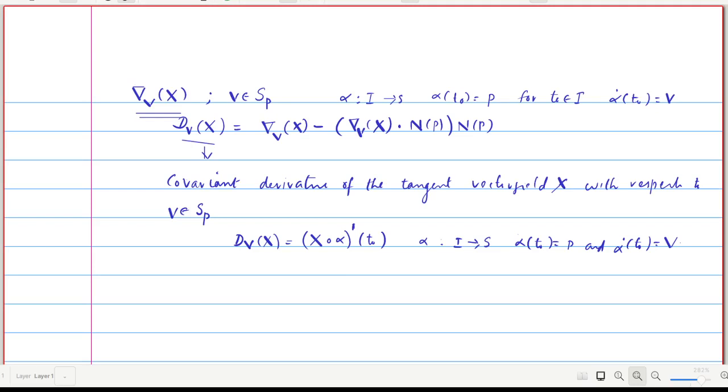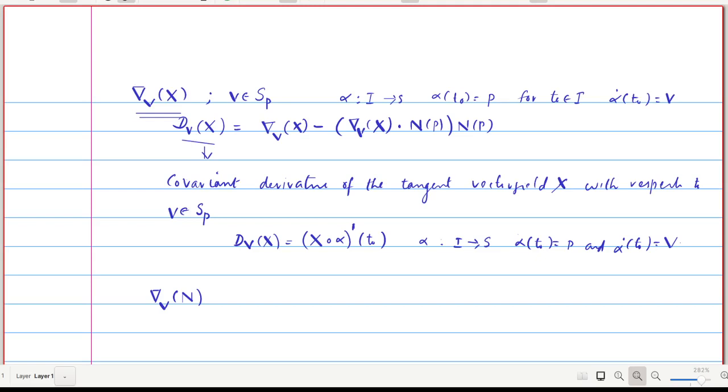Now we will study the rate of change of the normal direction n on an oriented n-surface S in R n plus 1. For p belonging to S and v belonging to Sp, we consider the derivative del v n, and we also prove that it is always tangent to S. The first aim is to get this derivative, defined using del in the direction of v, of the normal vector field defined on the surface, and to prove that it belongs to the tangent space.